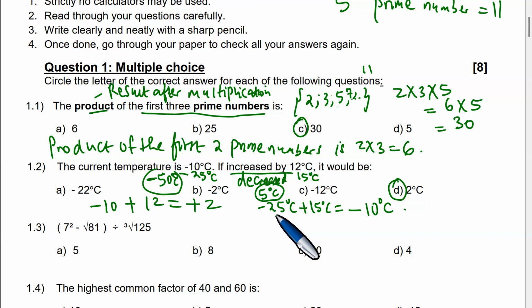Okay, what do you think the answer is, Lindsay? It's negative 55. Decreased by 5, this is going to be minus 55 degrees Celsius.